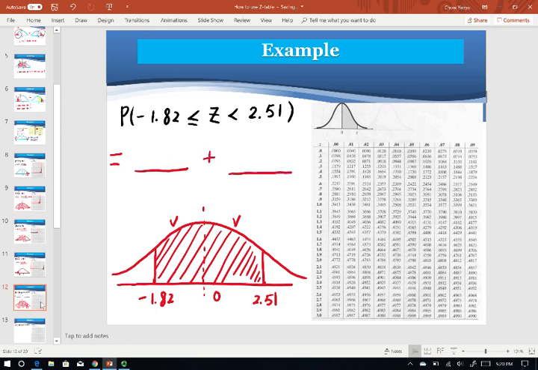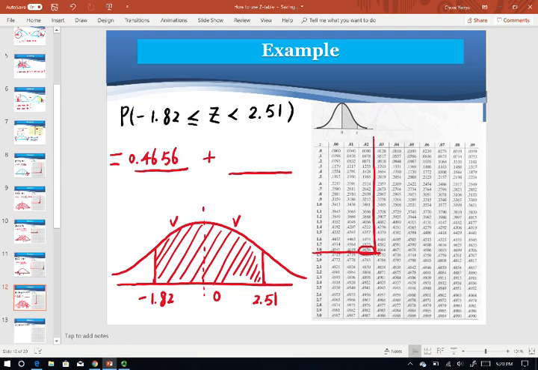First, the table value for 1.82. 1.82, so the 2 is here, and this is the crossing. The table value is 0.4656.